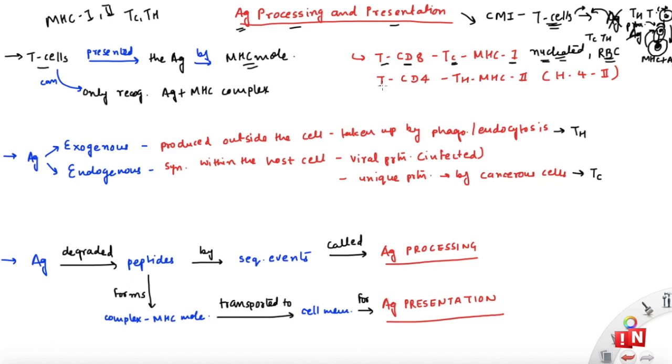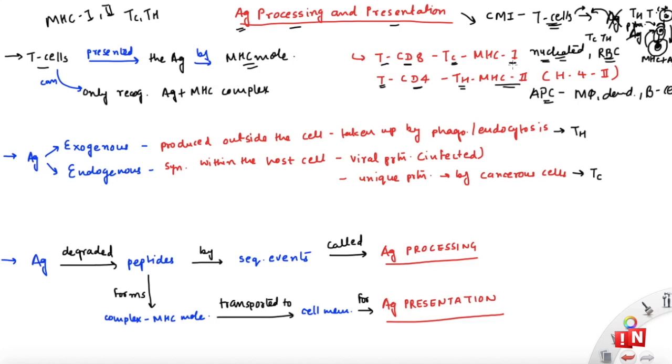When it comes to T cells with CD4, those are T helper cells. They can recognize only MHC class 2. And which cells express MHC class 2? Only antigen presenting cells. And which kind of cells are antigen presenting cells? Cells such as macrophages, dendritic cells, and B cells are the antigen presenting cells, and they will express MHC class 2.